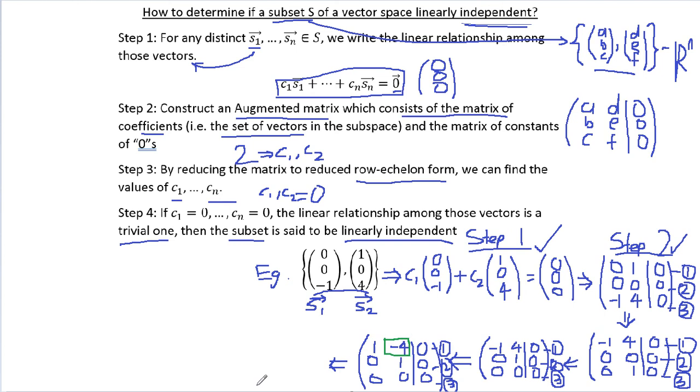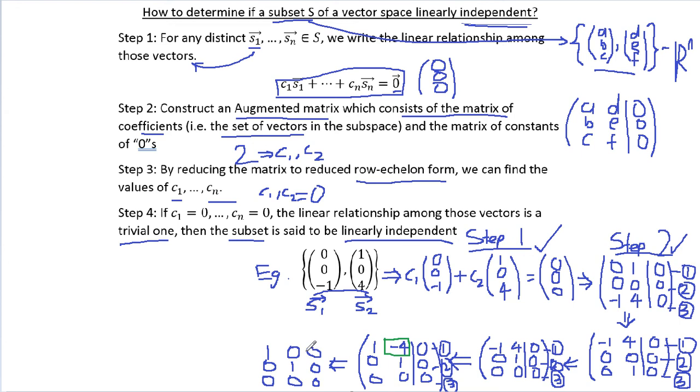Let's start from the bottom first: 0, 0, 0. Row 2 will still be constant: 0, 1, 0. For row 1, the coefficients: 4 times 1 equals 4, 4 minus 4 equals 0. 4 times 0 equals 0, 0 plus 1 equals 1. 4 times 0 equals 0, 0 plus 0 equals 0.